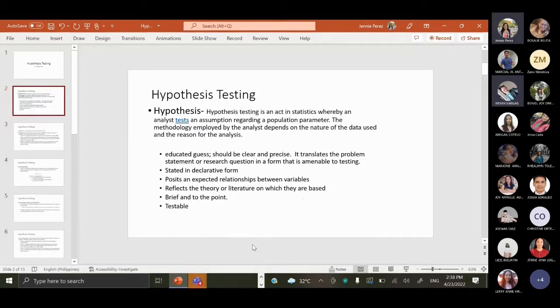And when a theory is always proven to be true because of empirical testing, because of research, since it started from a hypothesis and then a theory, and if a theory is always proven to be true, then it now becomes a law.